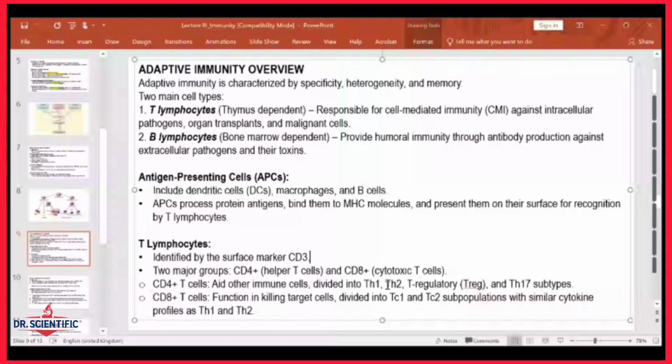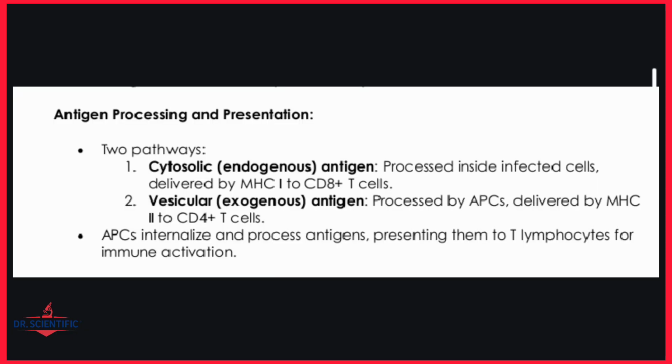Okay. So briefly, we're talking about antigen presentation and processing. There are usually two pathways in antigen presenting. When you're talking about an antigen that is intracellular, we call it a cytosolic antigen or an endogenous antigen, while we have those that are exogenous, that is, extracellular.